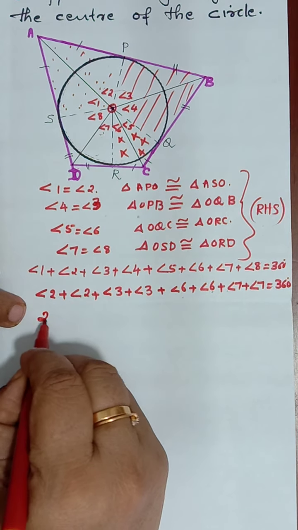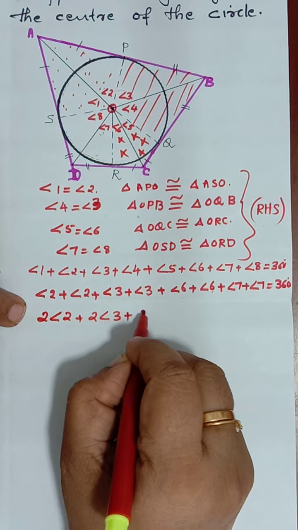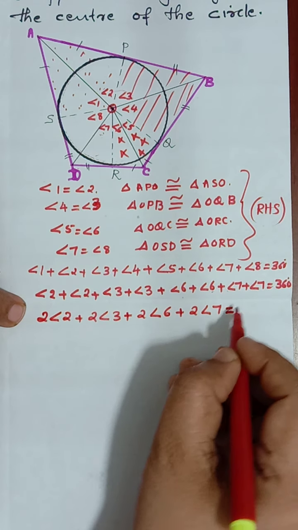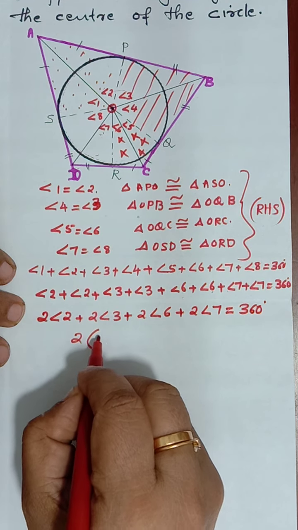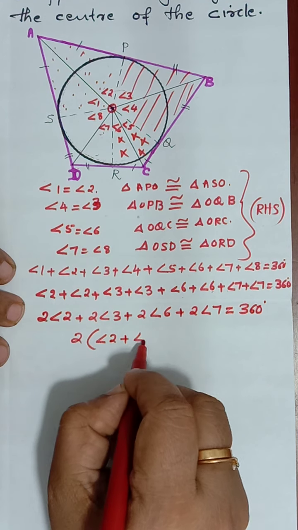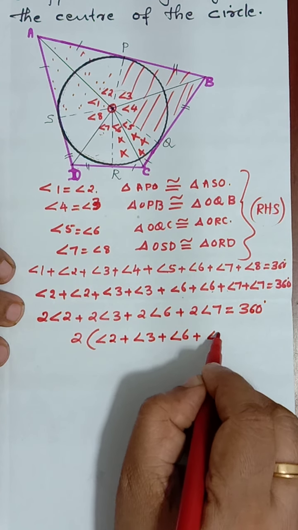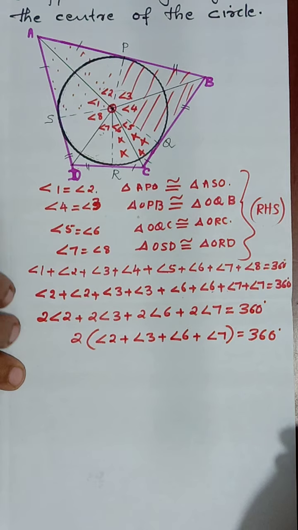So it is 2 times angle 2 plus 2 times angle 3 plus 2 times 6 plus 2 times 7, that's equal to 360 degrees. Therefore 2 times angle 2 plus angle 3 plus angle 6 plus angle 7 equals 360 degrees.